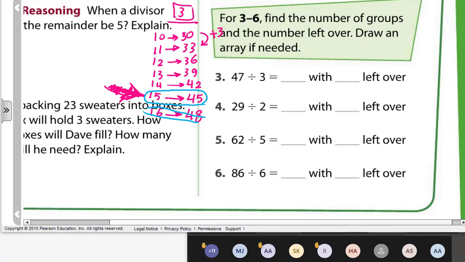When we use the 45, what's the quotient? 15. Yes. And now we have to find the remainder. We will write the 45, which is 15 times 3 equals 45, and we will subtract 47 minus 45.